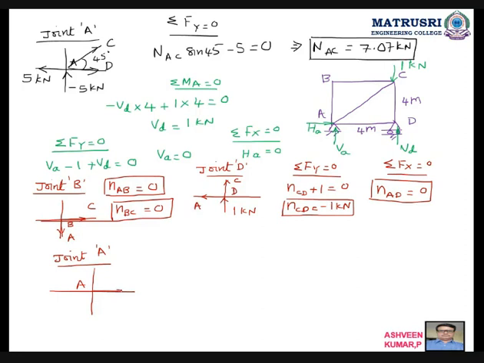AB is also 0, no need to write. AD also 0, this also 0. So automatically AC also will become 0. Okay, here everything is 0.